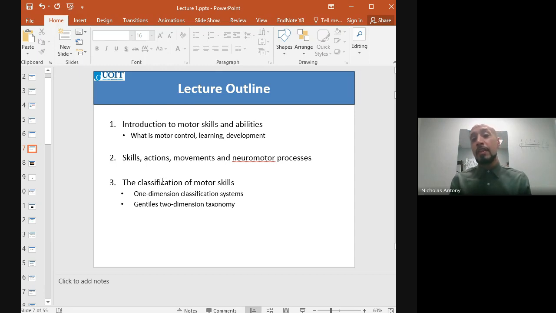Is that the same thing as learning to change gears in a manual car, if those even exist anymore? You're still moving, you're still voluntarily controlling your body, but they're two very different types of actions. And so how do we differentiate different types of motor skills? And that's where research started off as the big question to answer.